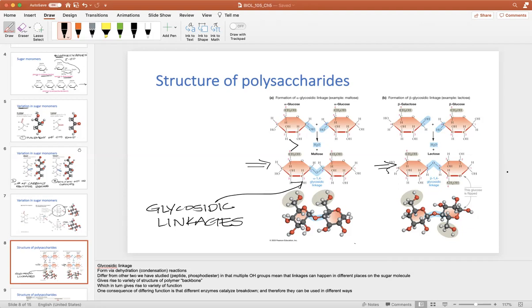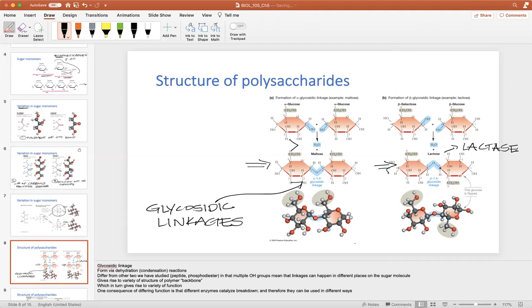And you may know that in order to digest lactose, you need an enzyme called lactase to break these apart. Why would you break these apart? Well, because you want to get at the energy stored in a glucose molecule, and eventually you would convert galactose to glucose and use it for energy.